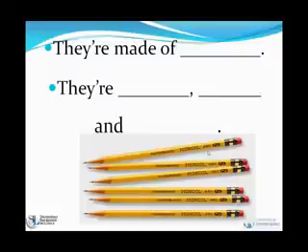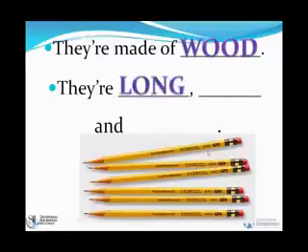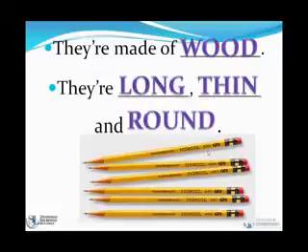In the first one, we need a material. And in the second one, we need shapes. So let's see. The pencils are made of wood. And sentence number 2, they are long, thin, and round.